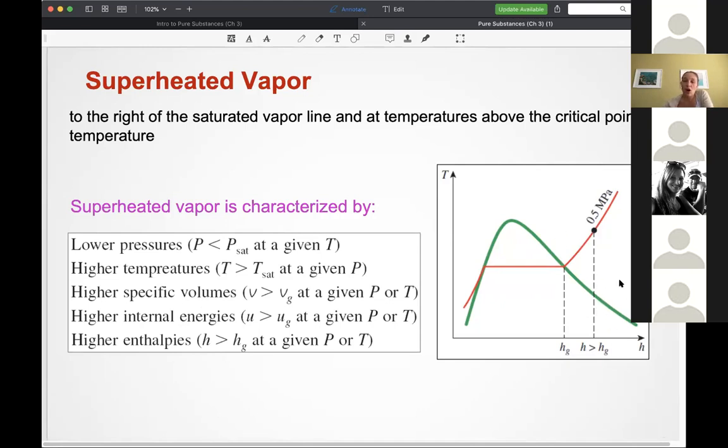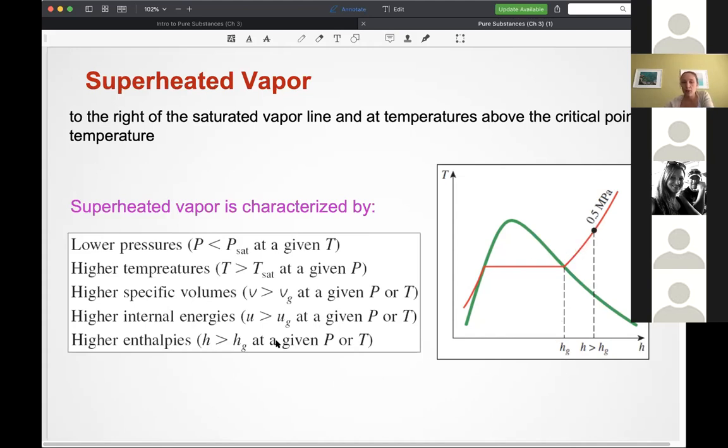So here we have our saturated liquid vapor line, saturated vapor, and we have this term for our enthalpy of saturated vapor. And when the enthalpy of our system, so the heat content of our system, goes above the heat content of this saturated vapor, so this enthalpy is greater than the enthalpy of our saturated vapor, above this critical point is where you get to superheated vapor.